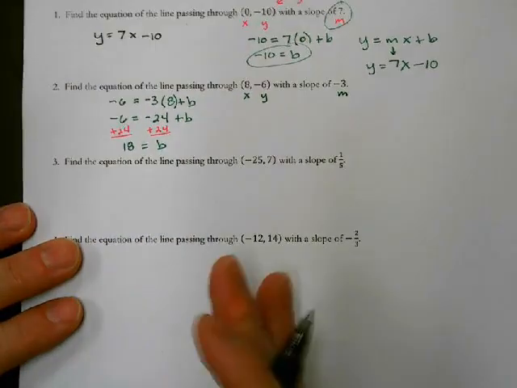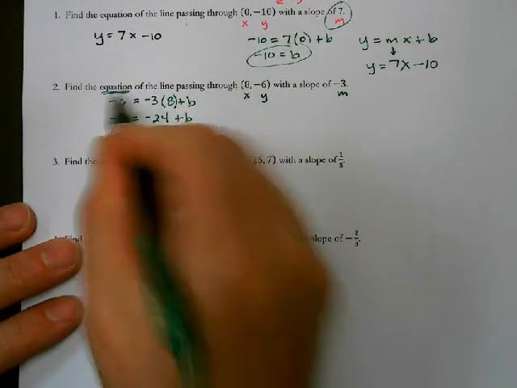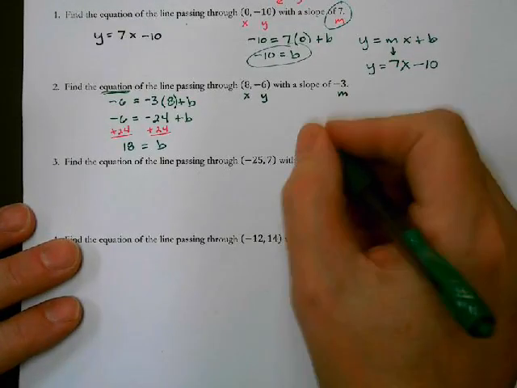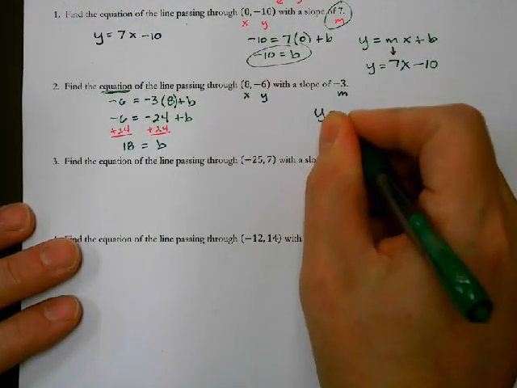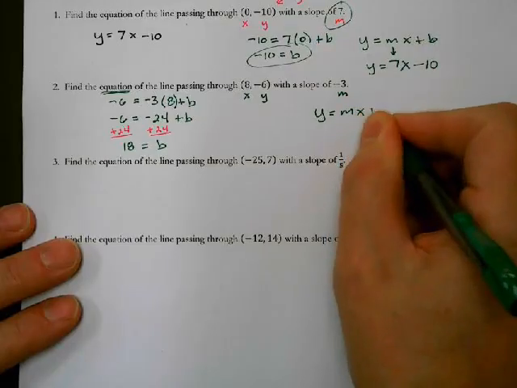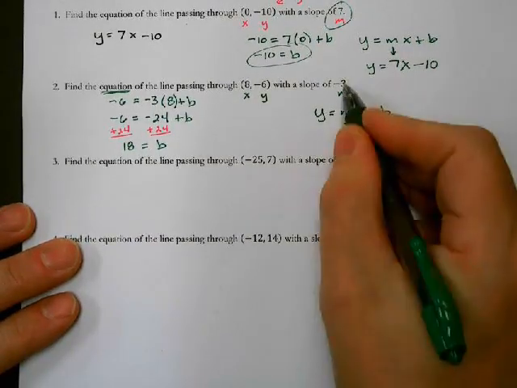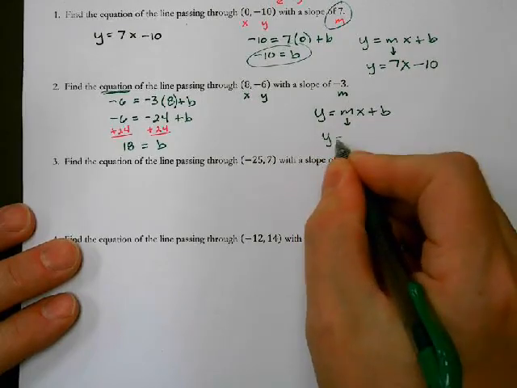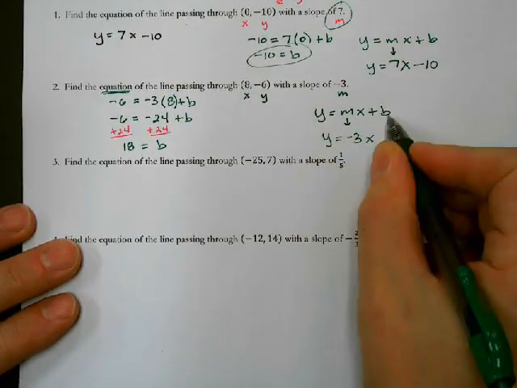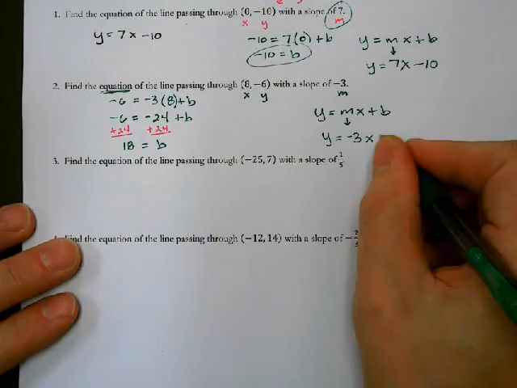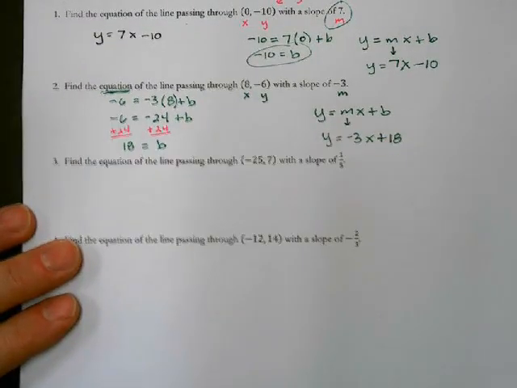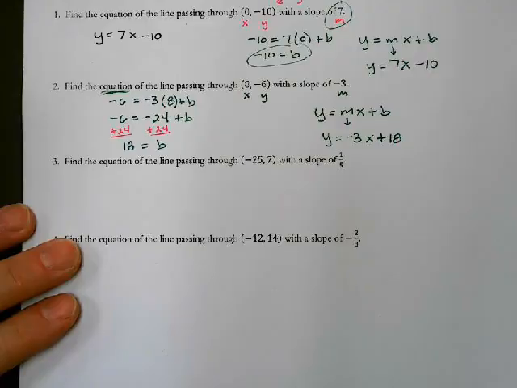We want the equation in slope-intercept form. So if I've got y equals mx plus b, my m value, they gave it to me, it was negative 3. My b value, I just found it, it's 18. There's the equation.